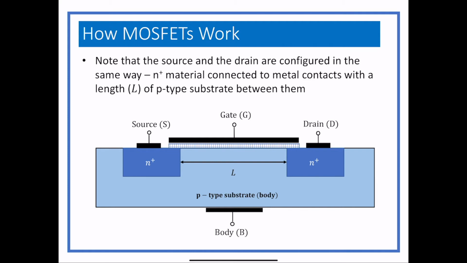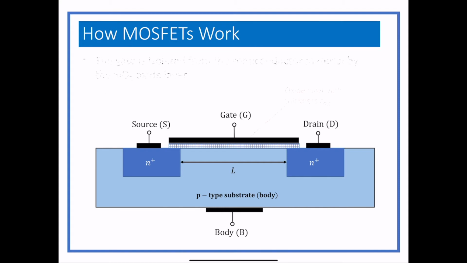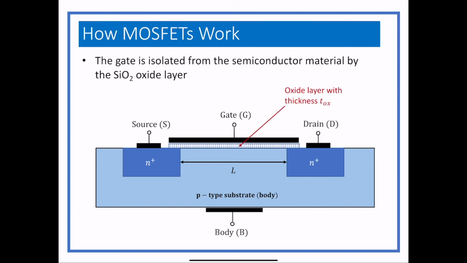So we've got this length between the 2 N areas, and the gate is isolated by this oxide layer, and this oxide layer actually has a thickness, and the thickness actually does come up later as part of the characteristic of the device. There is no current flowing into the gate, but we can apply a voltage. So the first thing we're going to do, because we need to figure out how the current gets from the drain to the source, because right now it can't.